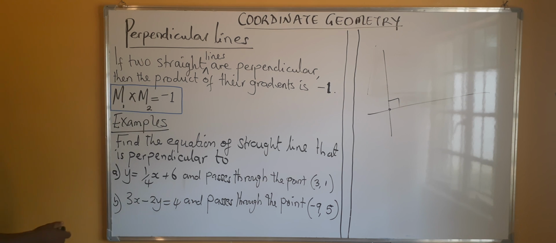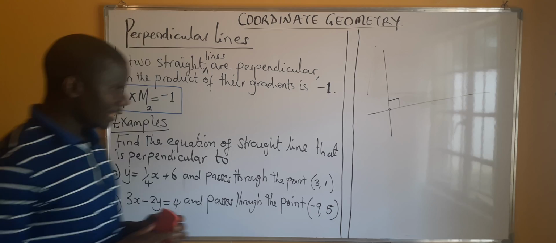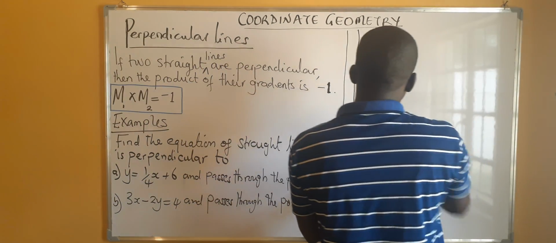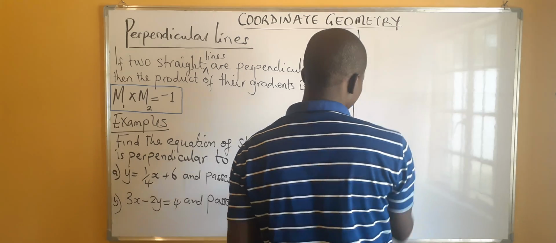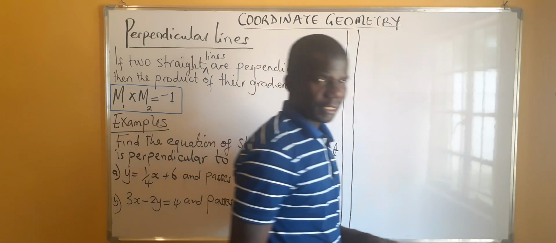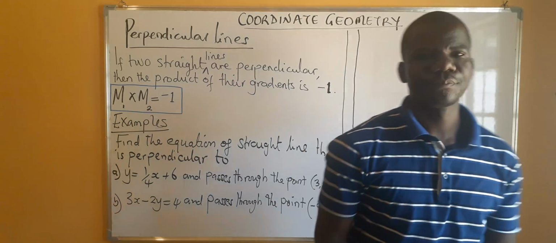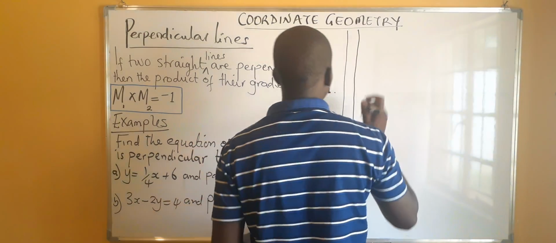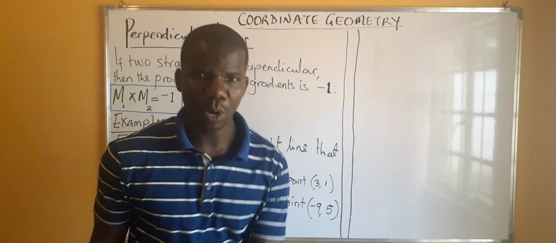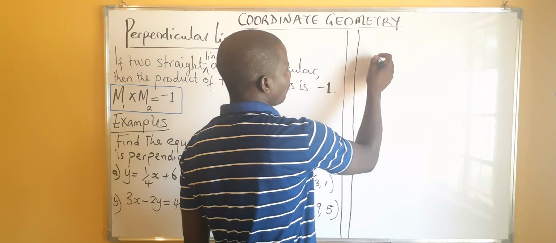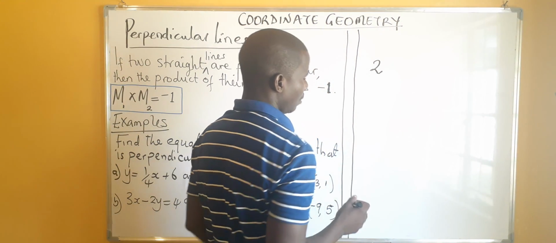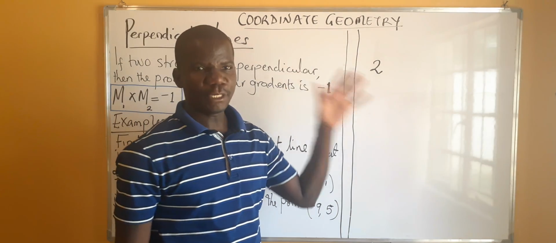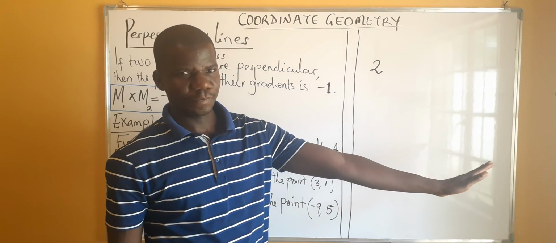So meaning, when you find the gradient of the first one, you should be able to conclude what will be the gradient of the other. All right? If we look at the product, their product is -1. So if you get that the gradient of the first one is 2, now we are looking at what number do we multiply by 2 in order to get -1?